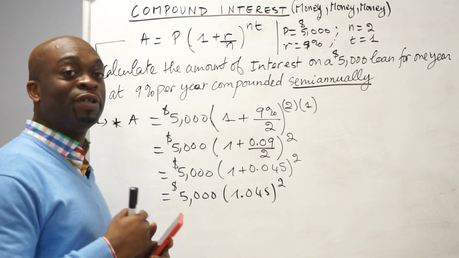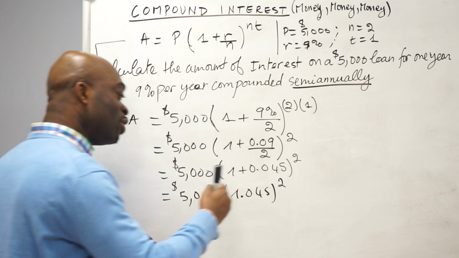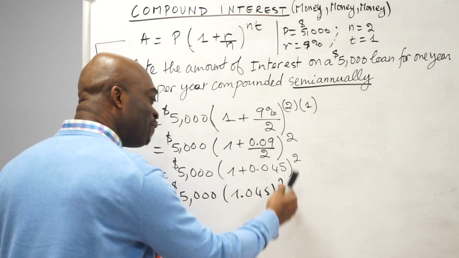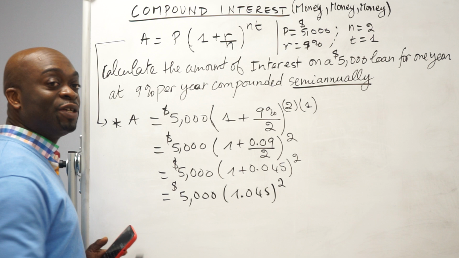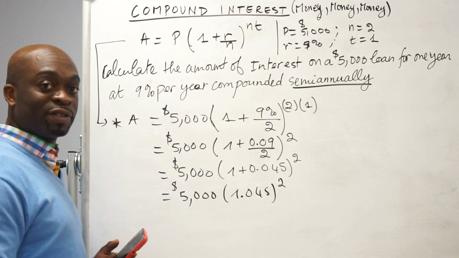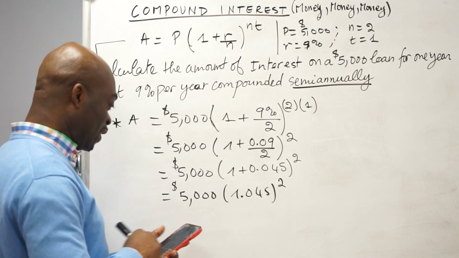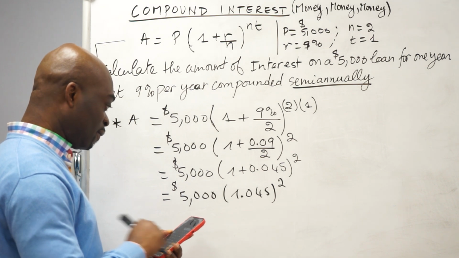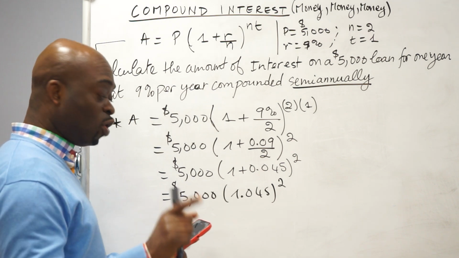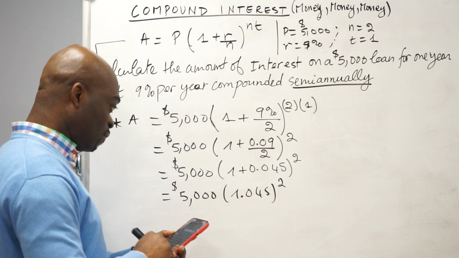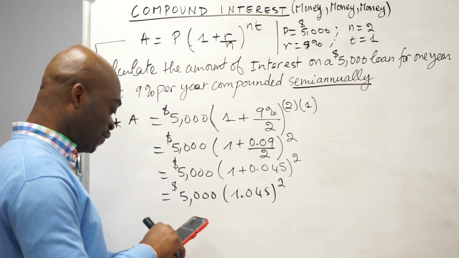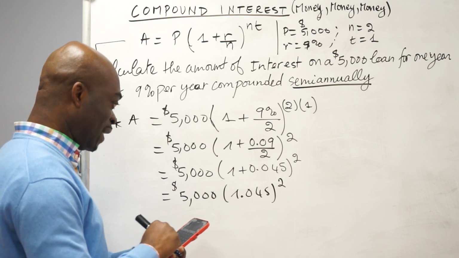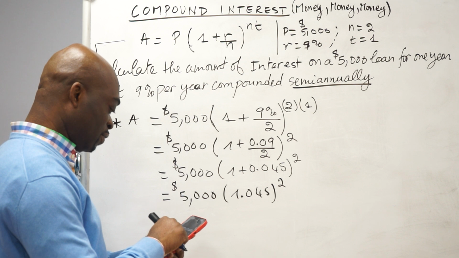If you're using your calculator, you can put this in straight up. But if you don't feel confident, you might make mistakes, so do this part first and then multiply your answer by 5,000. You can do either. So we do 5,000 times, open your parentheses, 1.045, close it, and raise to the power 2.